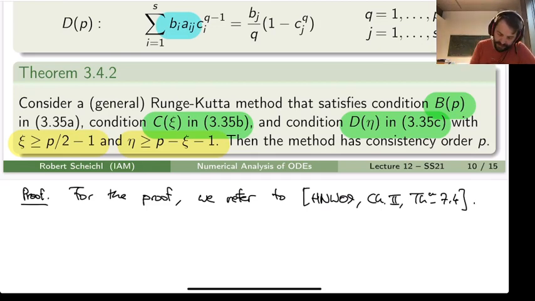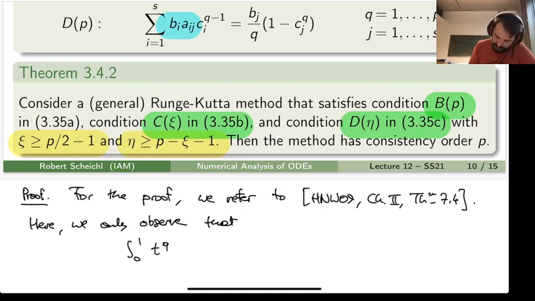Okay, and as I said, we only observe what I observed already before, that the integral from 0 to 1 of t^(q-1) dt is 1 over q, and the integral from 0 to c_i of t^(q-1) dt is equal to c_i^q over q.